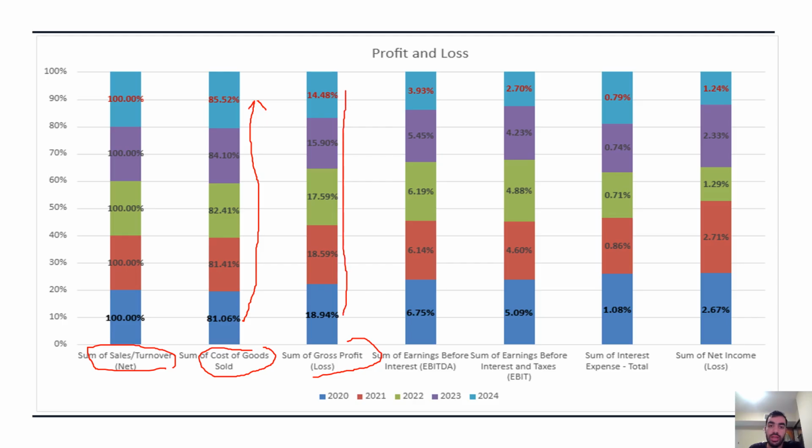At the end of 2024 it is quite lower compared to earlier periods. We have two terms, EBIT and EBITDA, earnings before interest, tax, depreciation and amortization. Both show the impact of operating expenses and depreciation, with EBIT slightly lower than EBITDA due to these deductions.